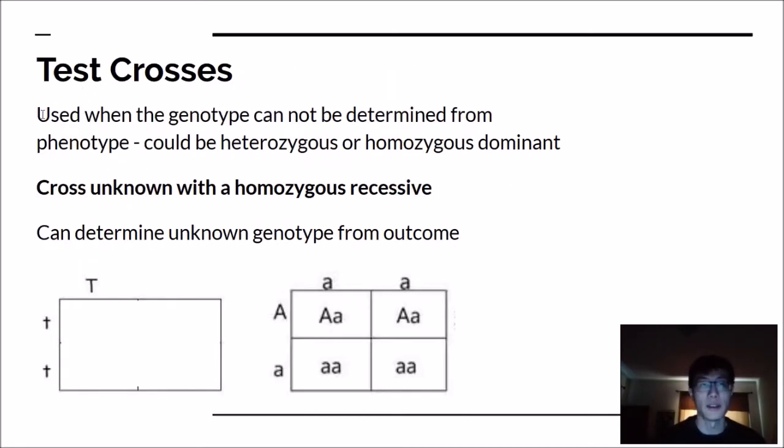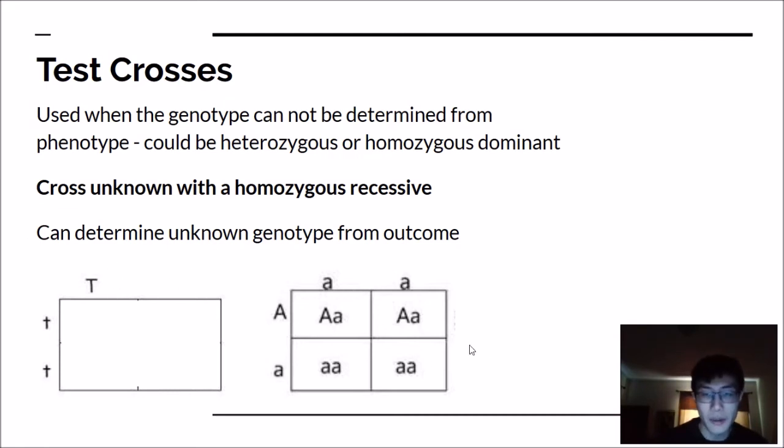A test cross is used when the genotype cannot be determined from the phenotype. That individual could be heterozygous or homozygous dominant, if we're talking about autosomal dominant-recessive inheritance. What we can do is cross that unknown individual with a homozygous recessive, and figure out which genotype it is based on the offspring.